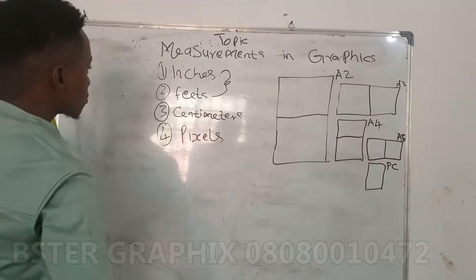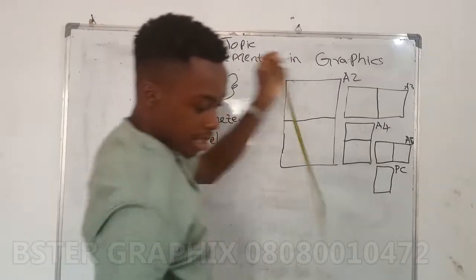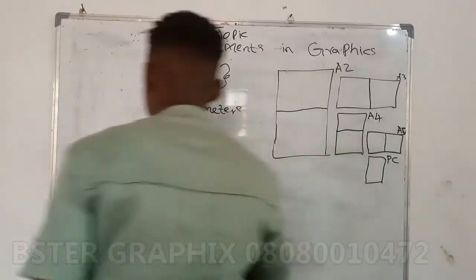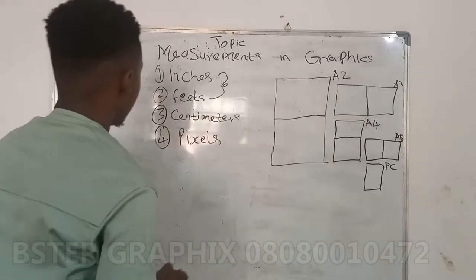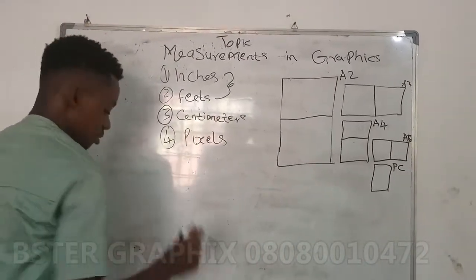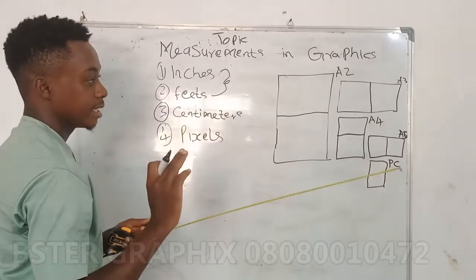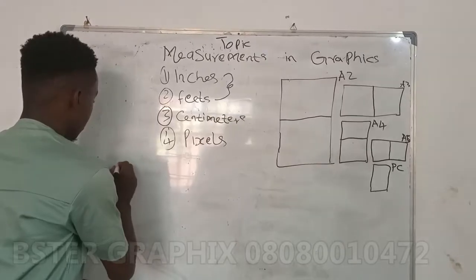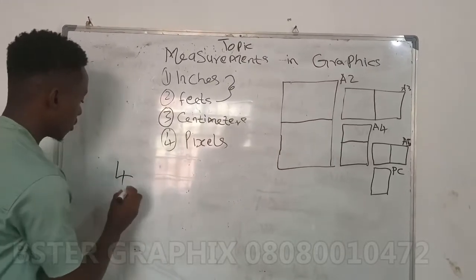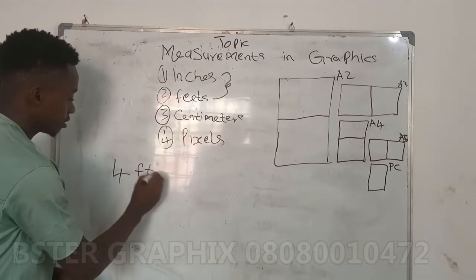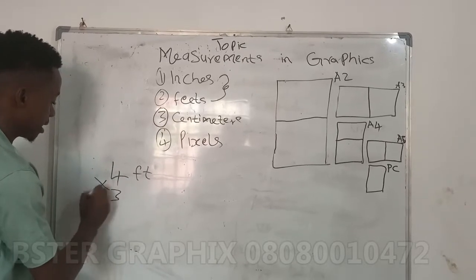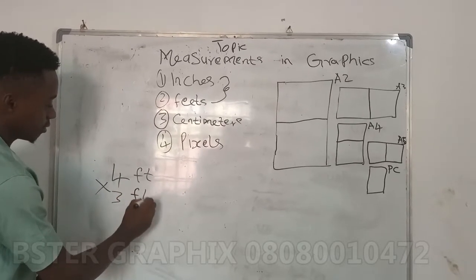So the size of this board is 4 by 3. You understand? Remember I told you that the size of this board now is 4 by 3, that is 4 feet by 3 feet.